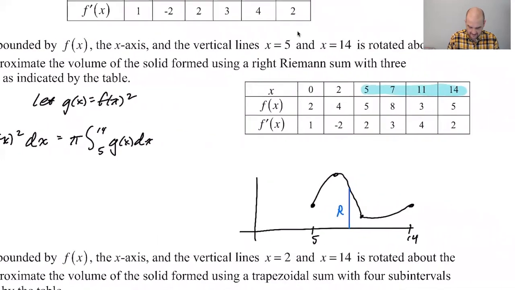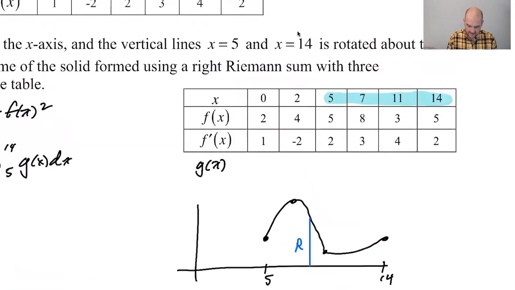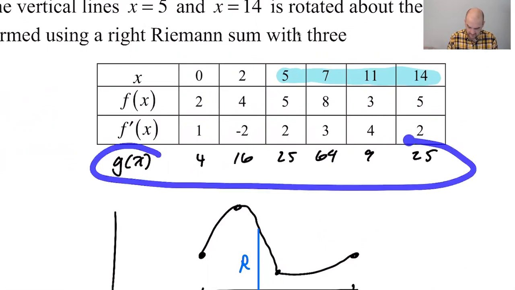Because now I can add a row to my table, which I'm going to call g of x, which is f of x squared, and I'll fill it in for the entire thing. So this would be 4, because I'm taking the value of f of x and squaring it. So 16, 25, 64, 9, and 25. Now all I'm doing is a right Riemann sum to approximate the definite integral of g of x.